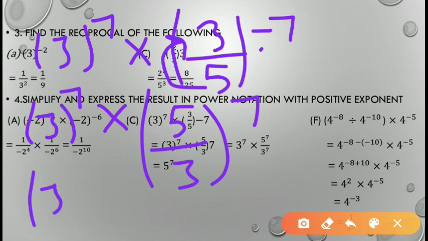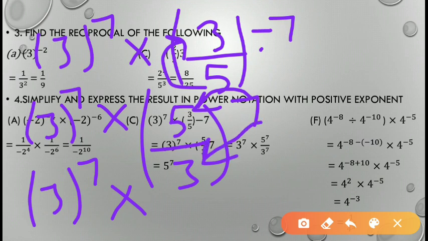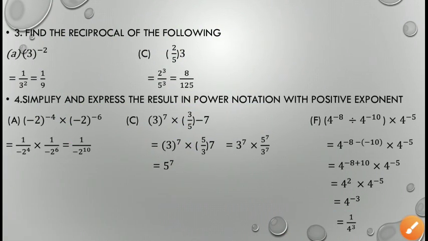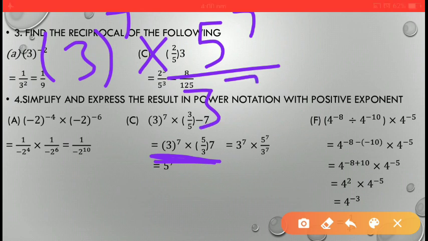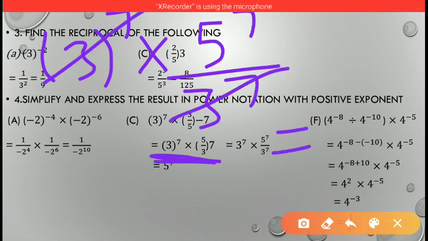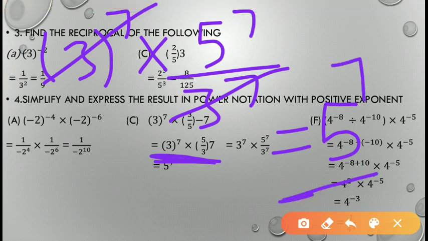Now this 5 by 3 to the power 7 we can write like this: the 7 will go to the numerator and denominator, means 5 to the power 7 upon 3 to the power 7. This can be written as 3 to the power 7 into 5 to the power 7 upon 3 to the power 7, and this cancels and gives you 5 to the power 7, which is your answer.